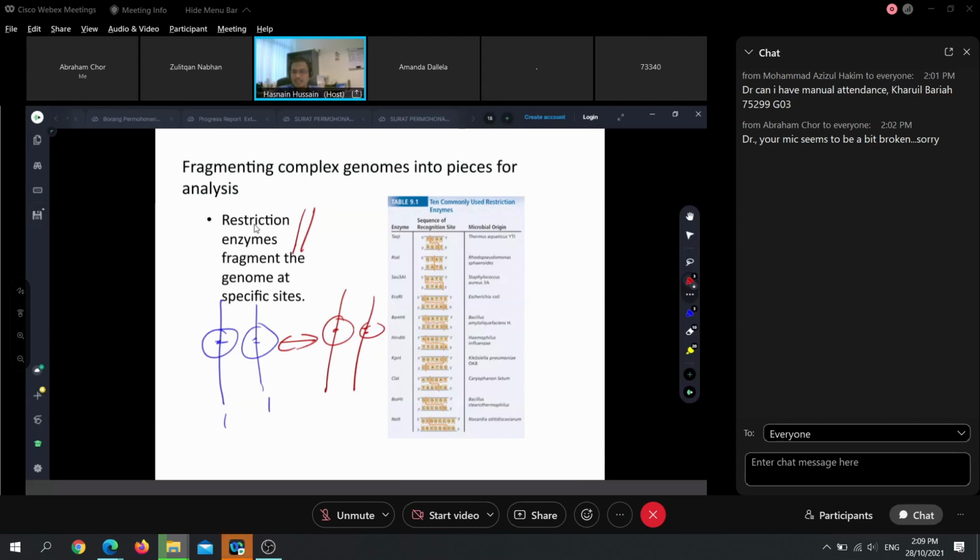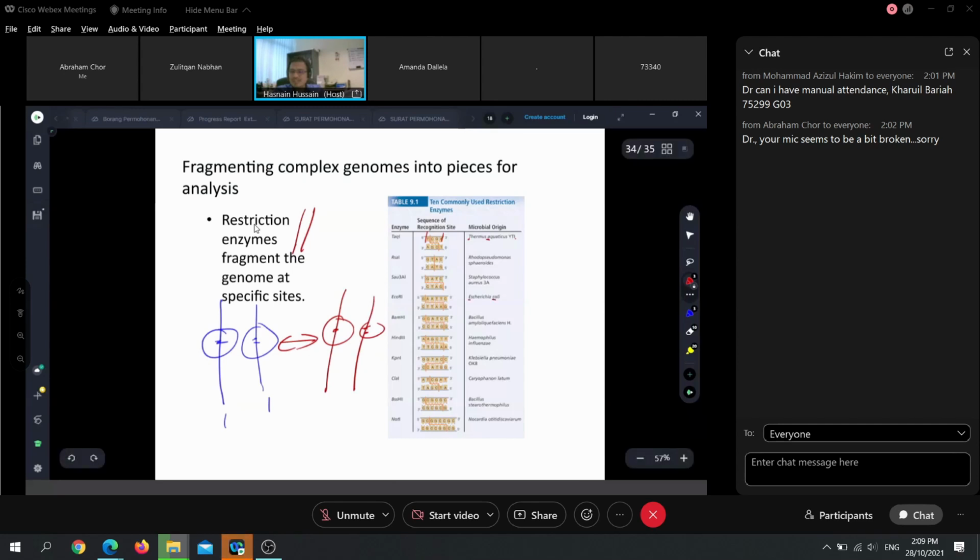For example, in this case, from the microbe Thermus aquaticus, T and then AQ, so TaqI, it recognizes a four-base recognition sequence, whereas EcoRI is from E. coli.